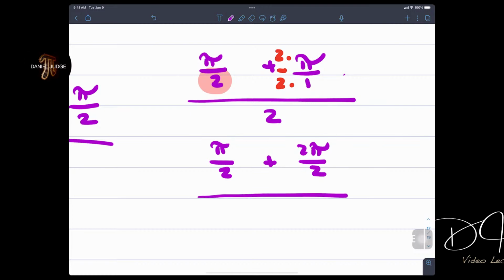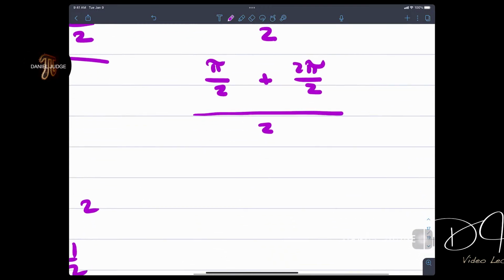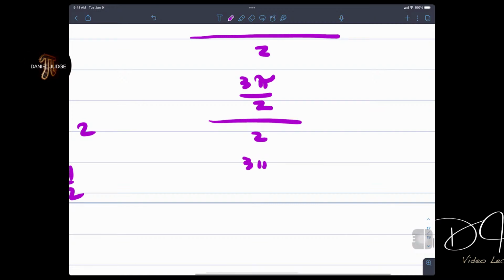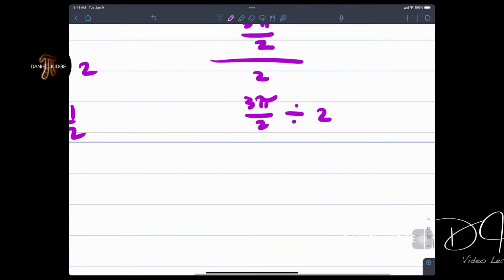And now they have the same denominator. So you're going to get pi plus 2 pi is 3 pi. That's divided by 2 over 2. So you get 3 pi over 2 divided by 2. 3 pi over 2 times 1/2 gives you 3 pi over 4.